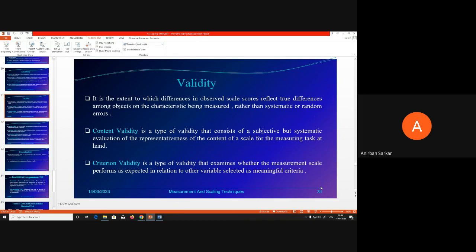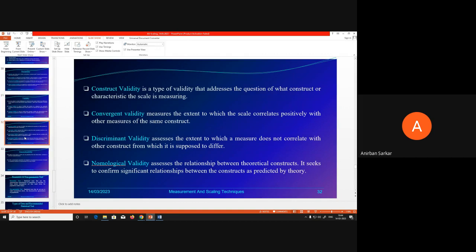Now there is another validity, which we call construct validity. What is construct validity? Construct validity is a type of validity that addresses the question of what construct or characteristic the scale is measuring.